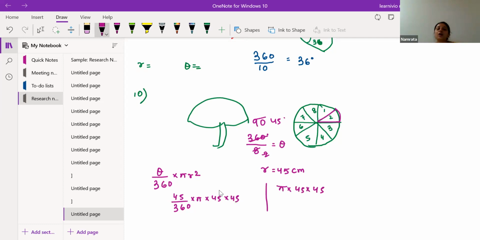And how many parts are you cutting this circle into? 8 equal parts, so you divide by 8. So either this method or this method, whatever seems easier to you. Is it okay? Yeah. Let's do the next one.